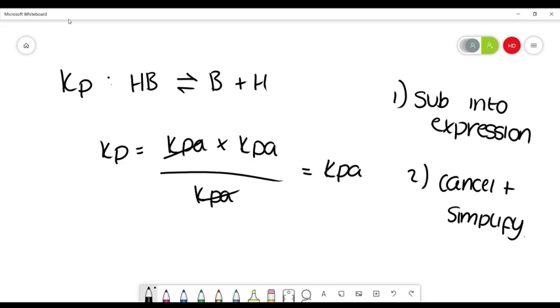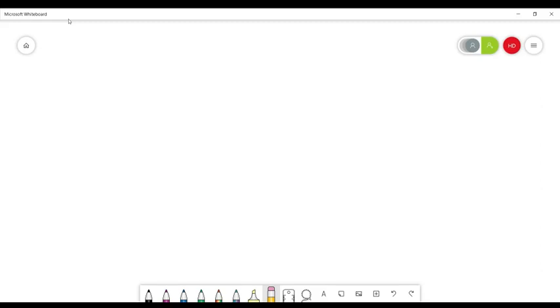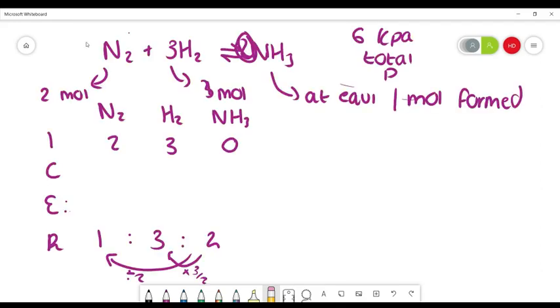Okay, let's do a worked example for one of the ICE questions, and then I'll give you one to go at for yourself. You have 2 moles of nitrogen at the beginning, 3 moles of hydrogen at the beginning, and at equilibrium you're forming 1 mole of NH3.